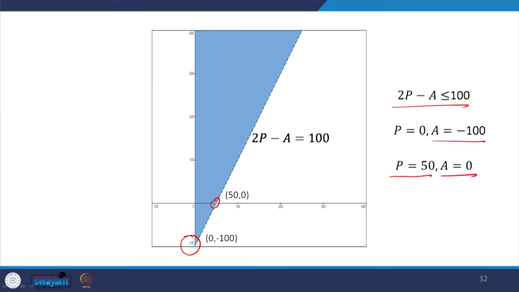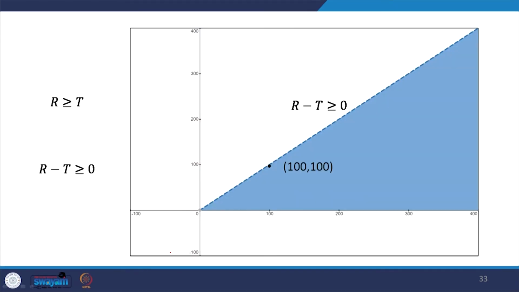The point you have to note is that we have already defined that the solution will be only on the positive side, but for drawing this line, you may get a point that lies on the negative side. But at the time of considering the feasible region, you have to consider only the positive values of a and p. That is the point you should note.